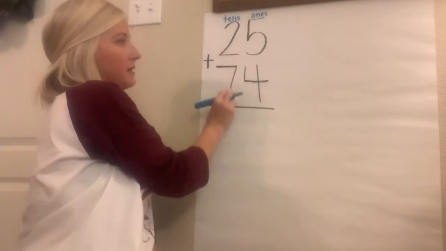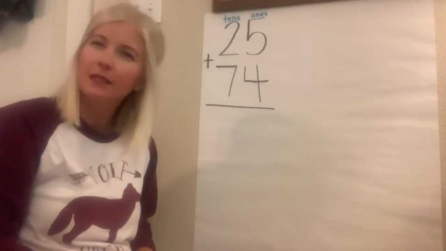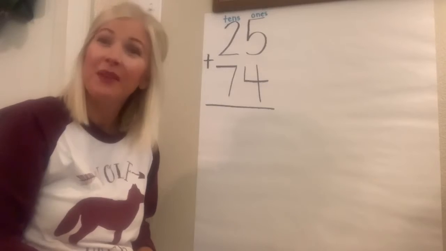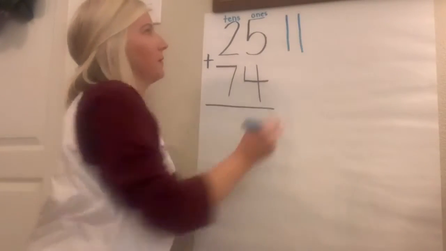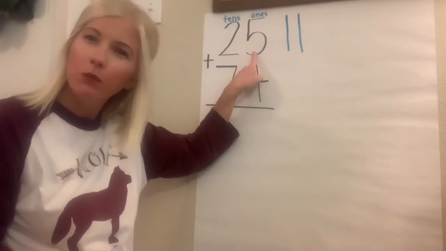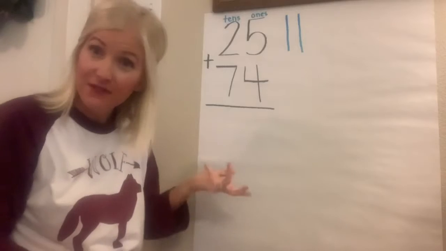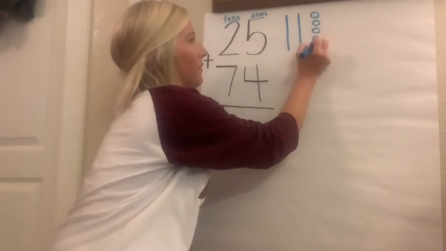These are my 10s in my 10s place. So when I draw 25, how many 10s am I going to draw? Very good. I'm going to draw 2 10s. 1, 2. When I draw the 5 in 25, how many 1s am I drawing? 5. 1, 2, 3, 4, 5.